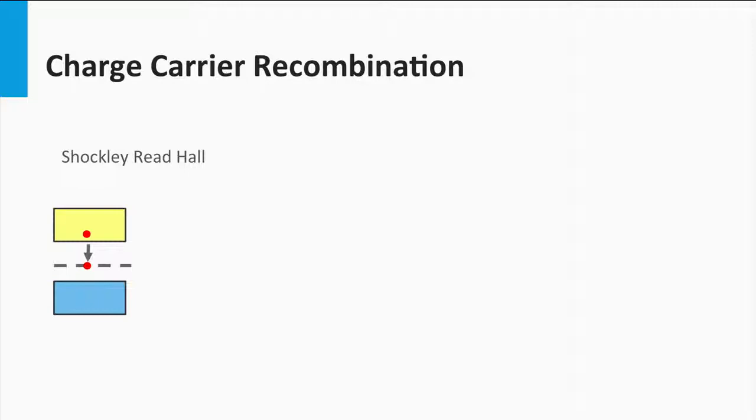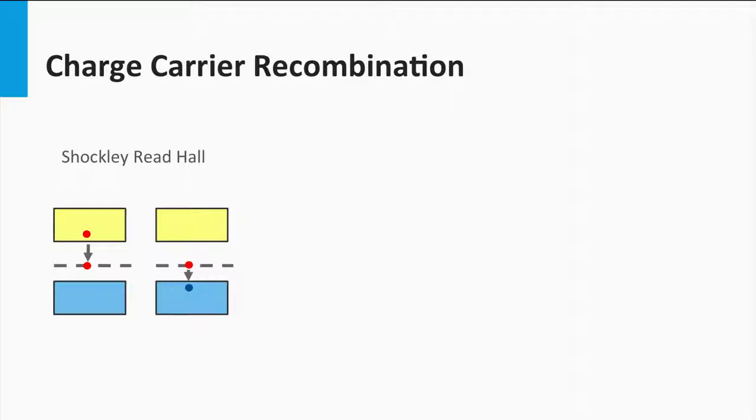Let's start with the last one, Shockley-Read-Hall recombination. The origin of this mechanism is the trapping of the mobile electron at defects that have an energy state in the bandgap. The electron is trapped until a mobile hole finds the electron, after which both charge carriers recombine. Shockley-Read-Hall recombination depends logically on the defect density.